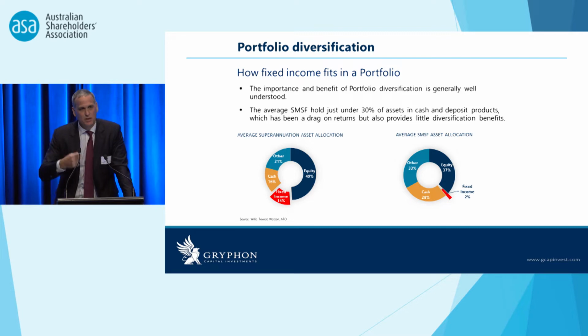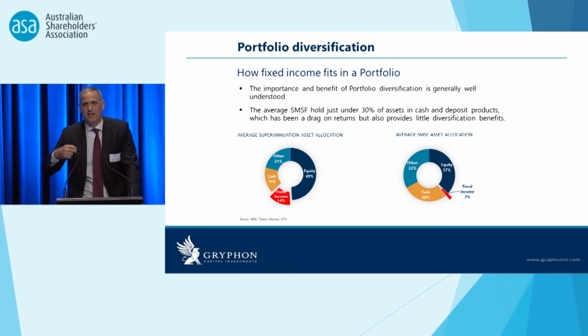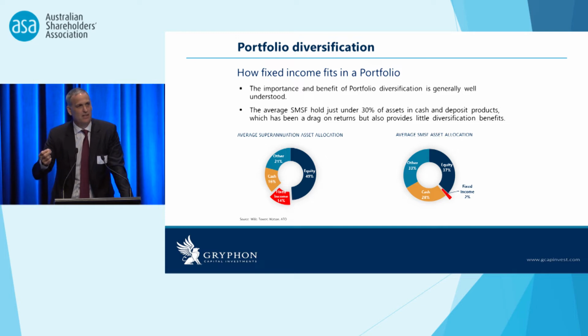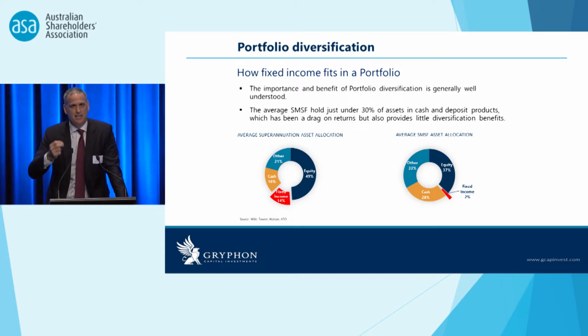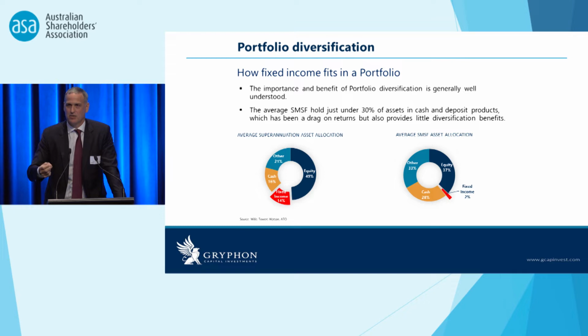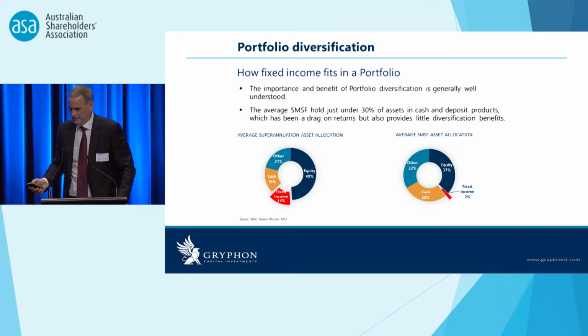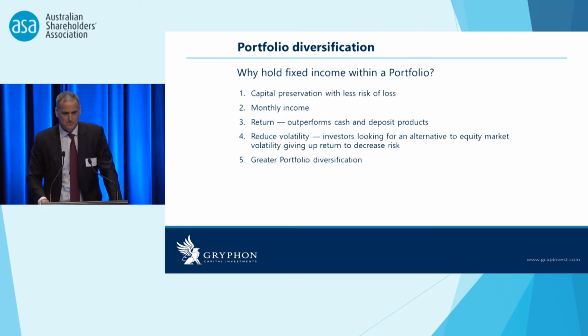So what I'm here to talk about is one, the case for fixed income for the self-managed investor, but more importantly or specifically, an investment in the Gryphon Capital Income Trust, which invests in a sector of the fixed income market.